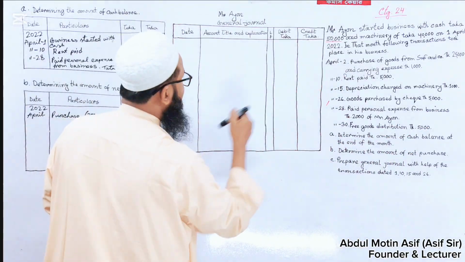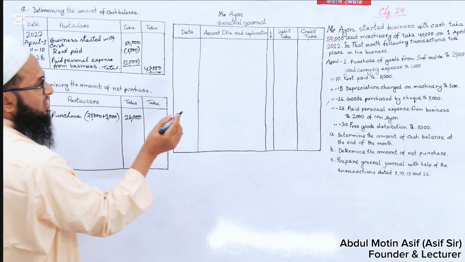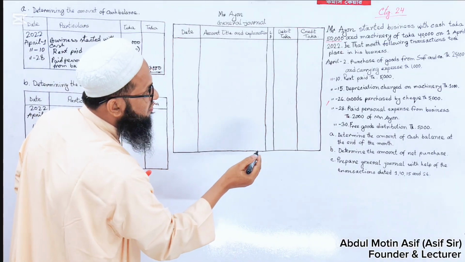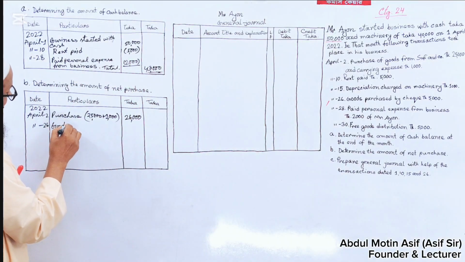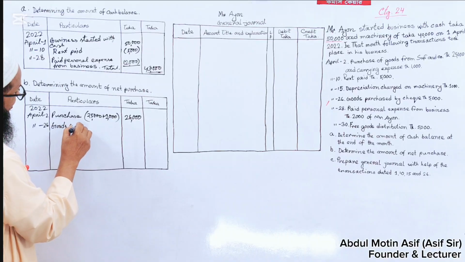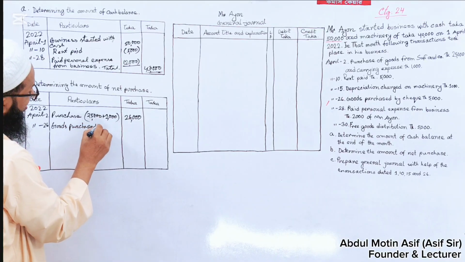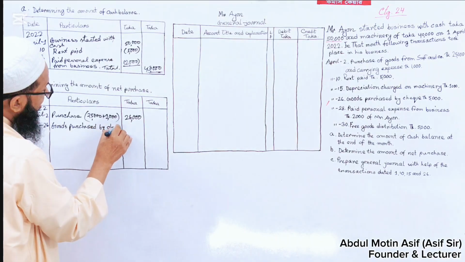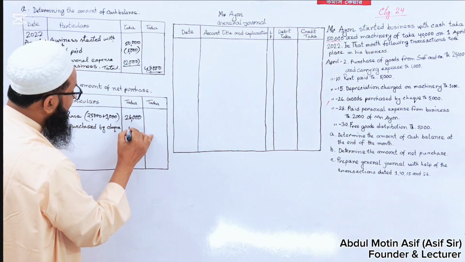First transaction April 2, then second transaction April 26, goods purchased by check.